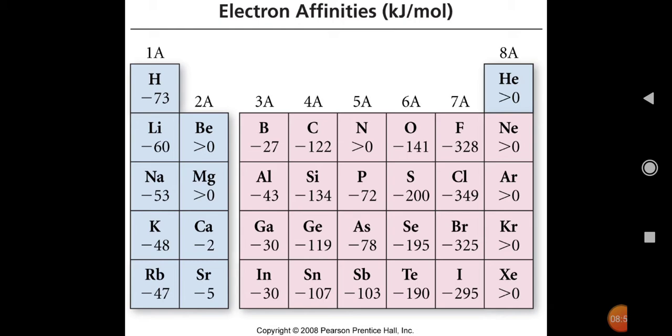That means it does not want to change its configuration. So while talking about the general trend, as we move from left to right, the electron affinity values are increasing, and as we move from up to down, the values are decreasing.